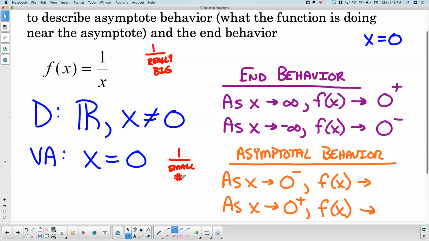But because I'm on the negative side of 0, it's going to go to negative infinity. On the other side, now I'm on the positive side of 0, getting closer and closer to it. So now what's it going to go to? Positive infinity.